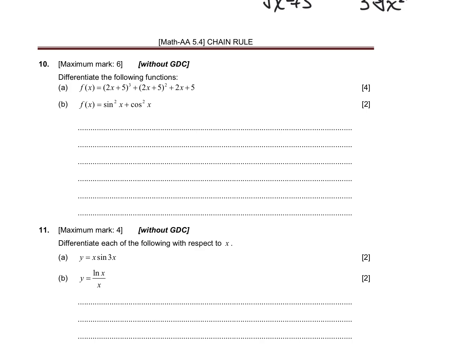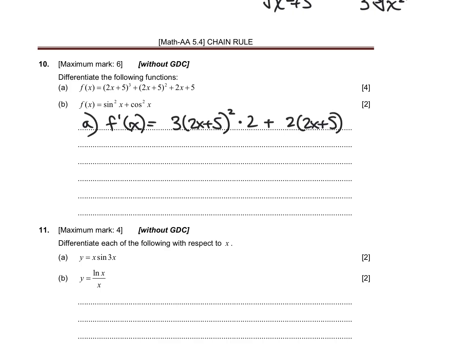All right, number 10. So A, f prime is going to be just power rule, 3 times (2x plus 5) squared times 2, so that's the derivative of the inside.